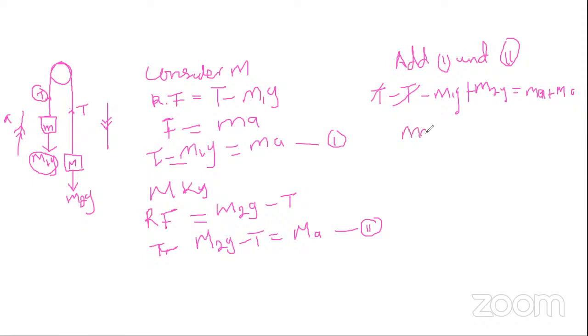So we can write this as m2g minus m1g is equal to ma plus capital Ma. Then here we get a common factor, which is g into m2 minus m1, is equal to common factor a, then small m plus capital M. Then here what are we going to do?